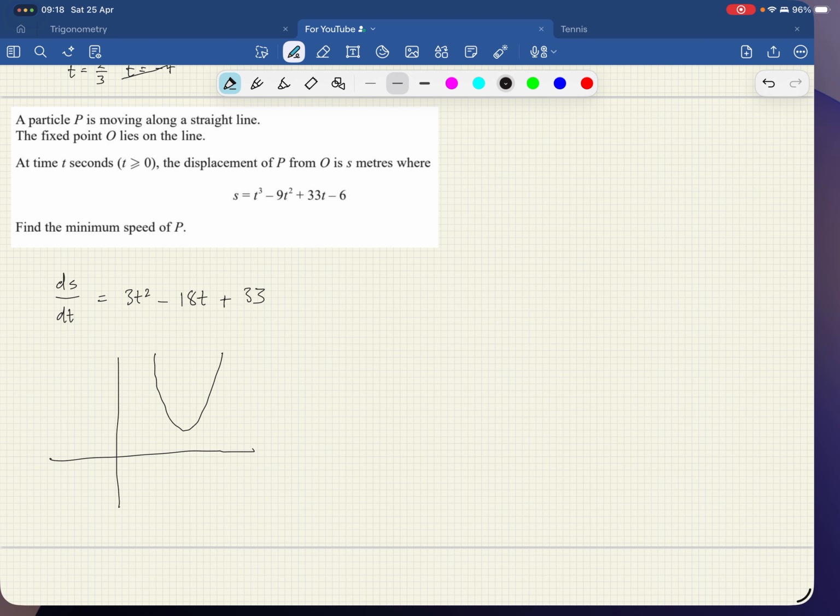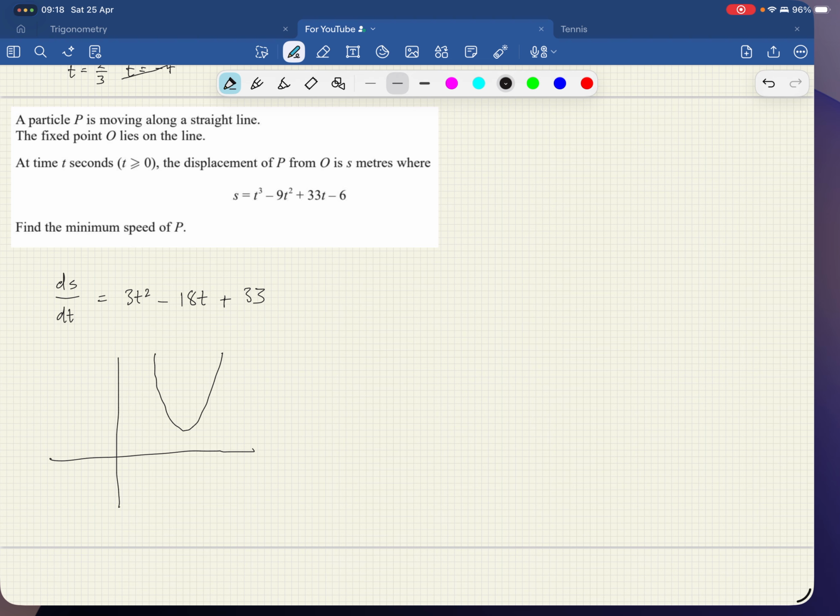But this doesn't cut at all. So if you go ahead and idly bung this into your calculator, you'll get an answer which has i in it, because this quadratic doesn't have any real roots. It doesn't equal 0 anywhere, and that's going to fox you.